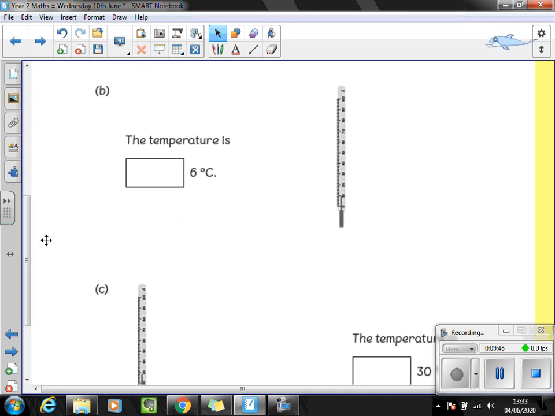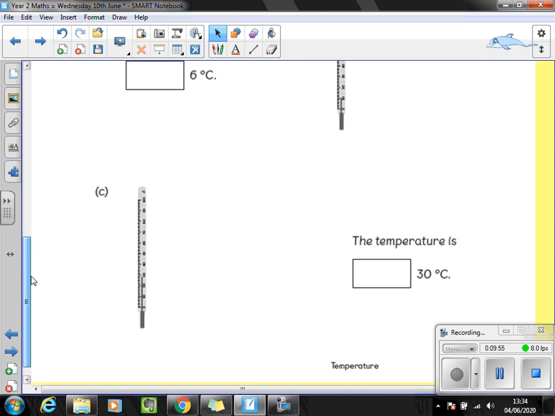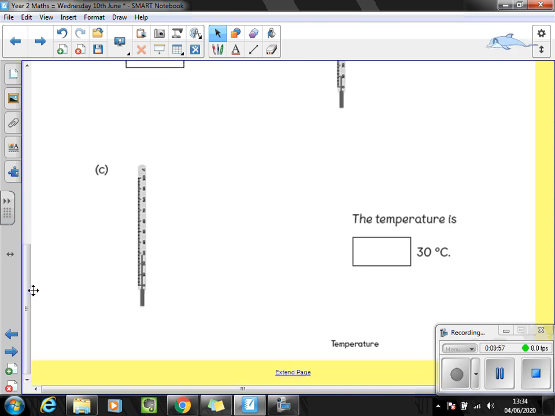Question B, is the temperature on that thermometer more than or less than 6 degrees Celsius? And question C, is the temperature on that thermometer more than or less than 30 degrees Celsius? Look very carefully at that one, it's a bit tricky.